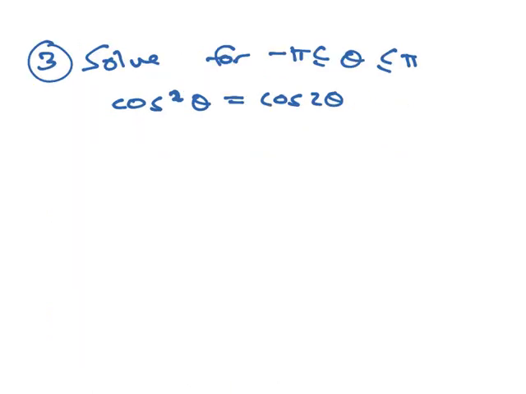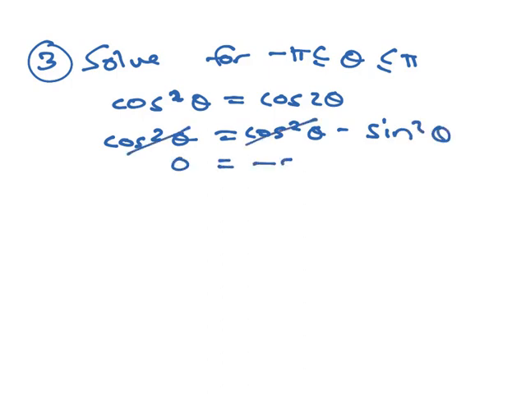Okay, I'm going to look at cos squared theta equals cos 2 theta. So that would be cos squared theta equals cos squared theta minus sine squared theta. So they actually cancel out. You get sine squared theta equals 0, so sine theta equals 0.